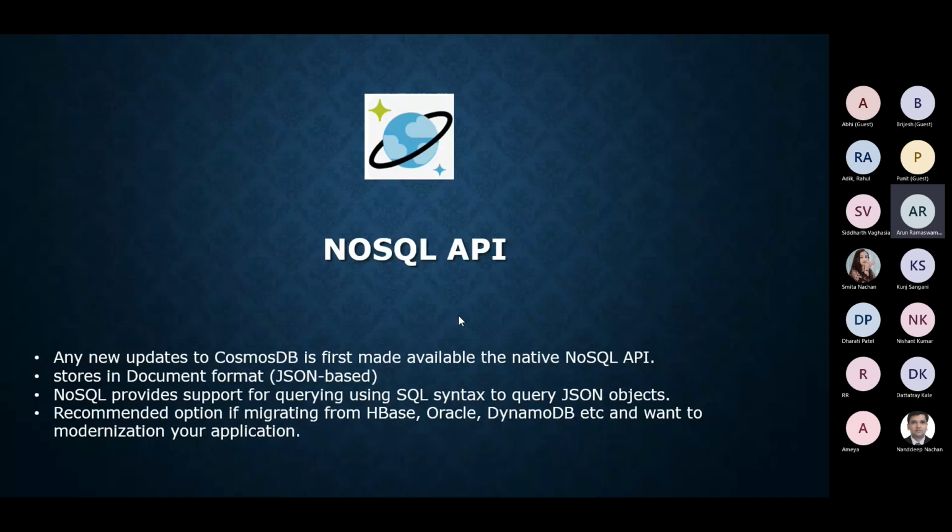Since this is the native Cosmos DB, any changes or updates to Cosmos DB are first made available to the native NoSQL API. Once the native NoSQL API is stable, it is then made available to the other APIs within the Cosmos DB environment.